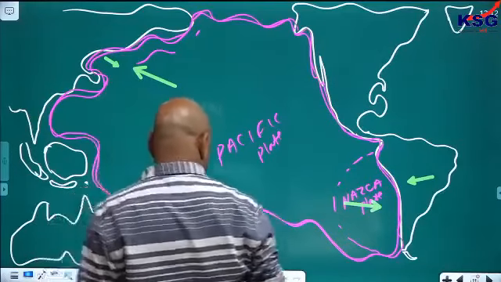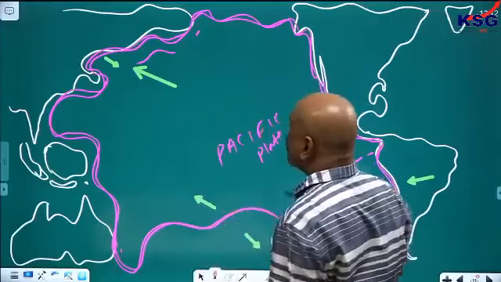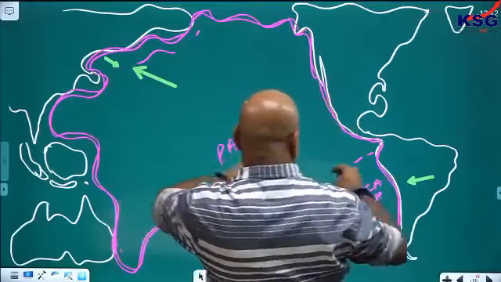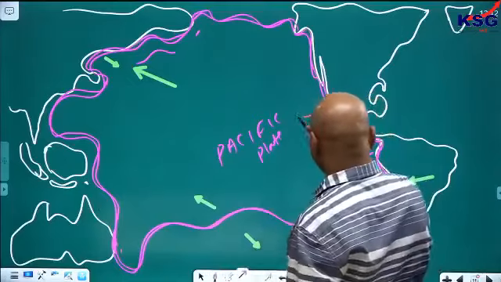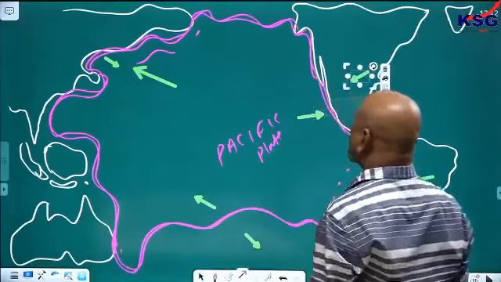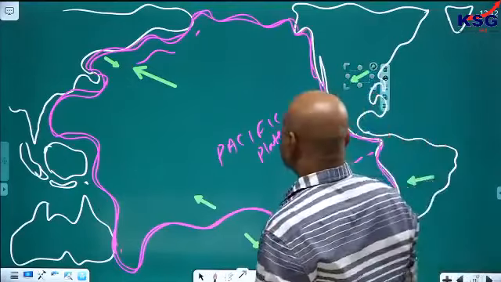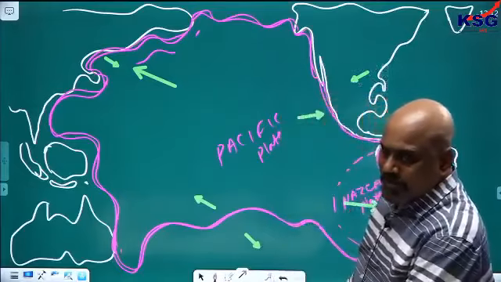You can see that here one plate is subducted below another. Here it is divergence, and in this case we have convergence also. Here you have convergence also. So convergence, divergence, like this it is here. So there is tearing of this.